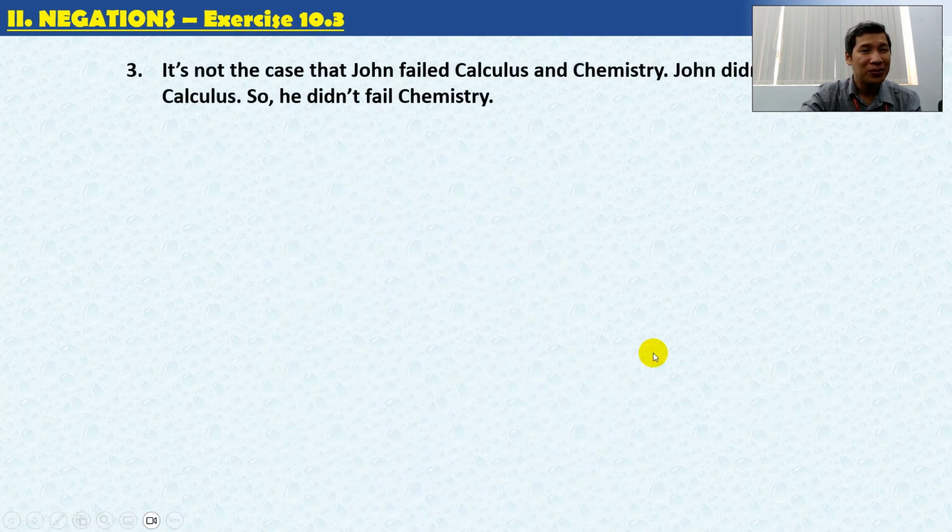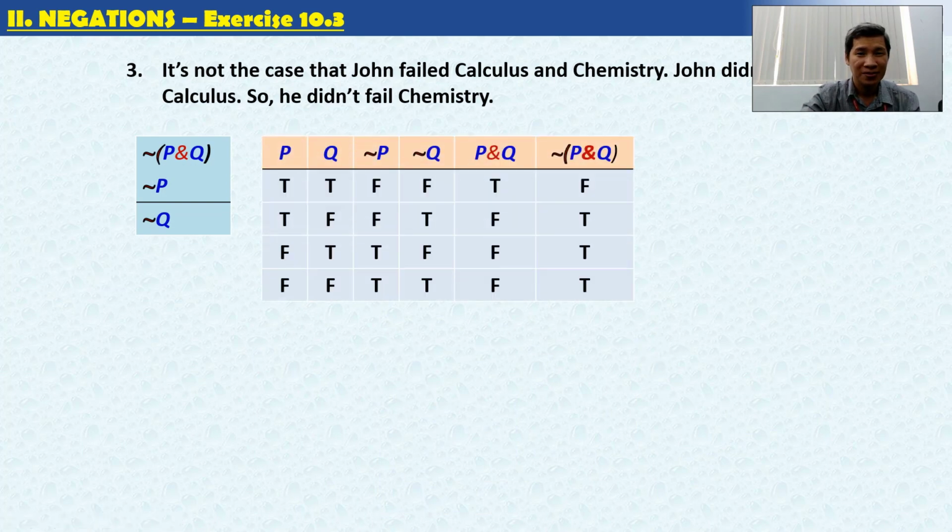Now, number 3, not the case P and Q, not P, conclusion, not Q. See whether you have a similar table like this. 1, 2, 3, 4, 5, 6. We need 6 columns. In the exam, if you miss any column, that's wrong. In the exam, we may give you a choice with 6 columns like this, and we just have 1 value wrong.